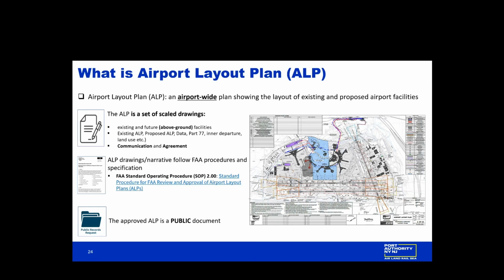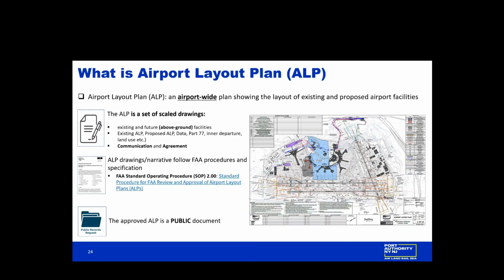It also shows runway data. We also have a data sheet showing the runway data, taxiway data, and all of the MOS, modified standards, currently on file for the airport.